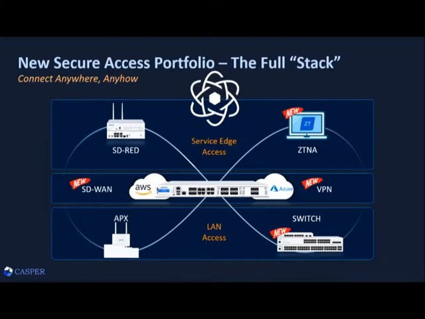So you are able to utilize either ZTNA or your VPN connections to provide secure remote access for your users. You could also leverage the Sophos Reds to provide secure access for maybe your branches or users, if you prefer to use that as well.